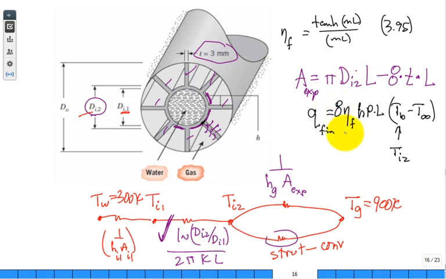So how do I get this efficiency? From a fin analysis with a fin parameter m. And then I know the length. Hey, what is my length for this problem? L is equal to D naught minus Di2, but I have to divide that by 2, don't I?